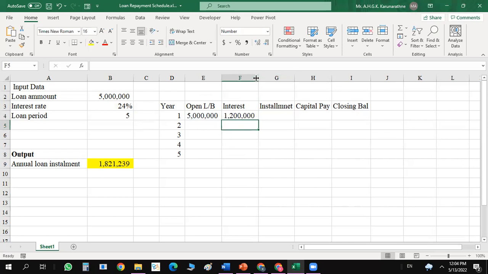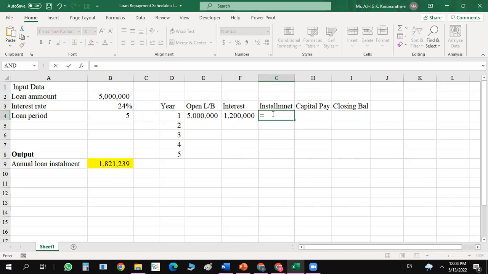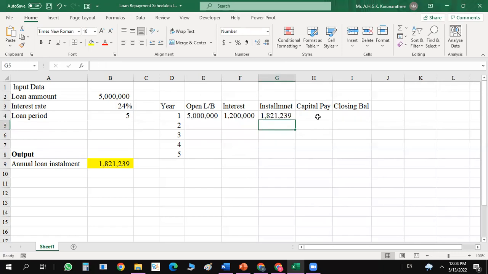1.2 million interest payment. Then the installment amount is here, right? So you make it constant again by pressing F4. Then capital repayment, capital payment. Then carefully look here. What is the loan installment you pay?